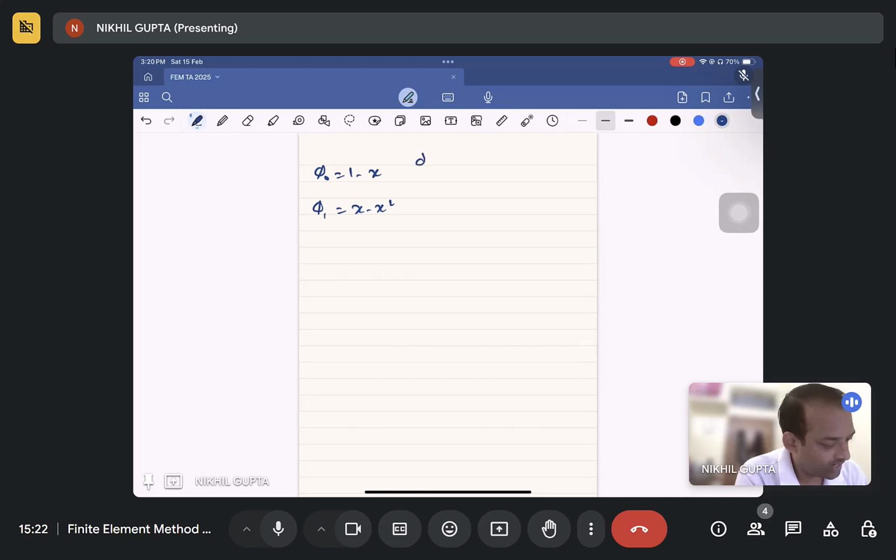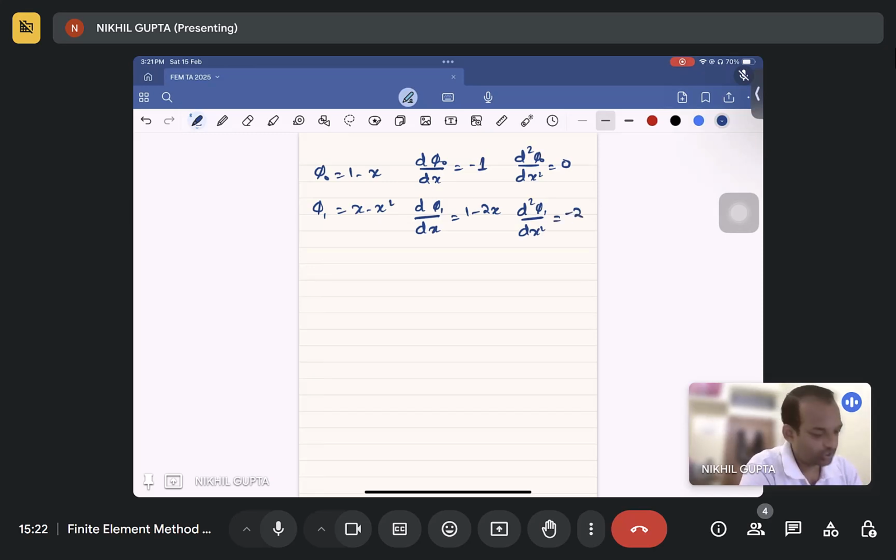So dphi naught by dx will be minus 1, and dphi 1 by dx will be 1 minus 2x. Similarly, since we are using second order differentials as well, d2phi naught by dx square equals 0, and d2phi 1 by dx square equals minus 2.